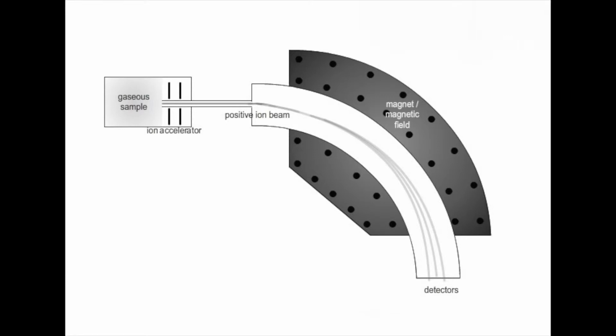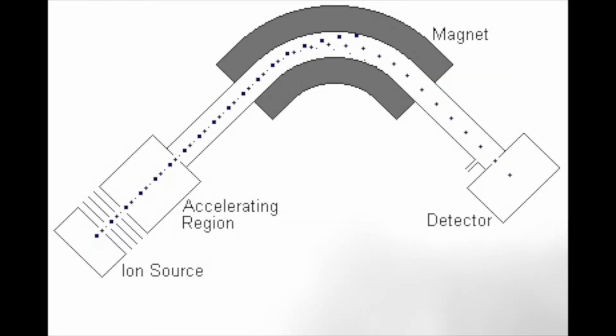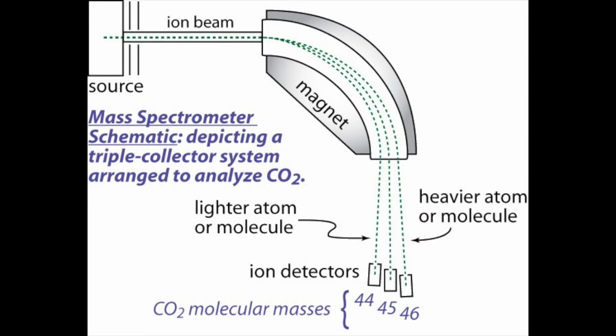The detector then finds a value of the indicator quantity and is able to provide data for calculating the abundances of each ion present. It is important that the ions produced in the ionization chamber have a free run through the machine without hitting the air molecules. To ensure this, the whole process happens in a vacuum.